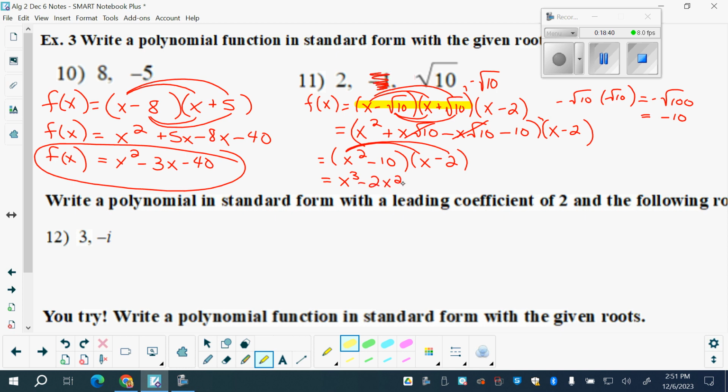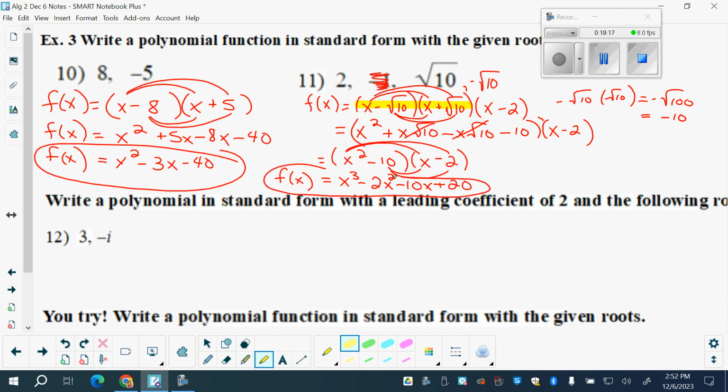Thank you. And then that one. So then minus 10x. So x cubed minus 2x squared minus 10x, and then plus 20. Does that make sense? Okay.